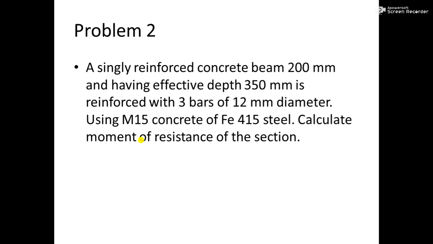See this one problem. A singly reinforced concrete beam 200 mm wide and having effective depth 350 mm is reinforced with 3 bars of 12 mm diameter using M15 concrete and Fe415 steel. Calculate the moment of resistance of the section.